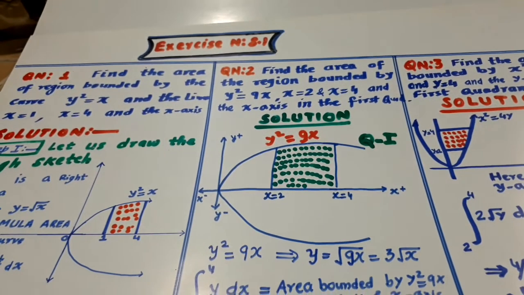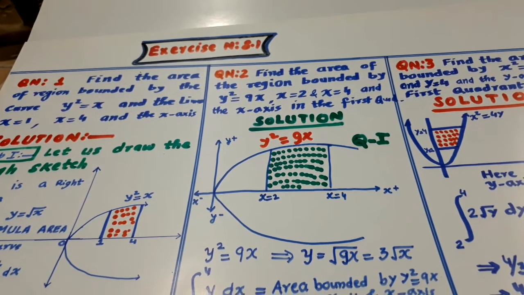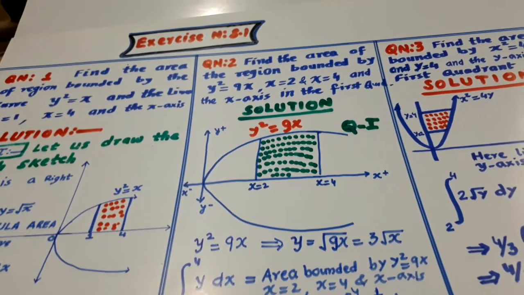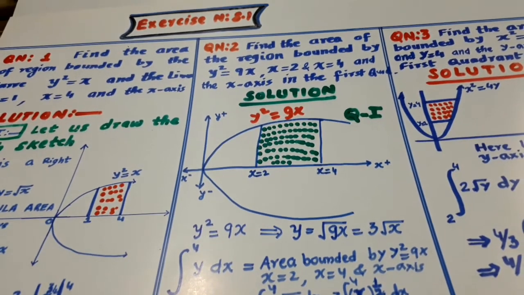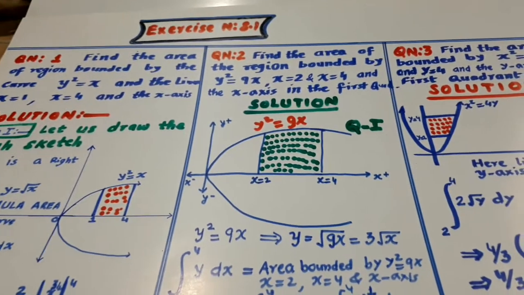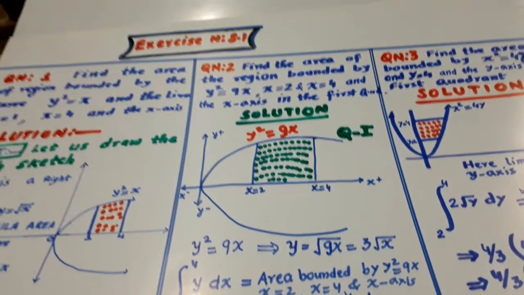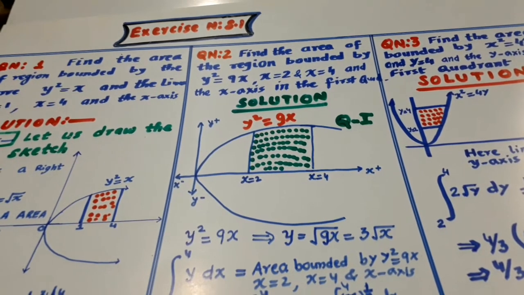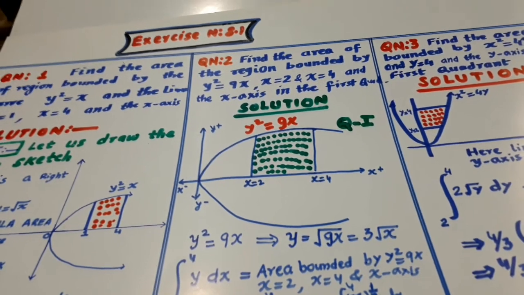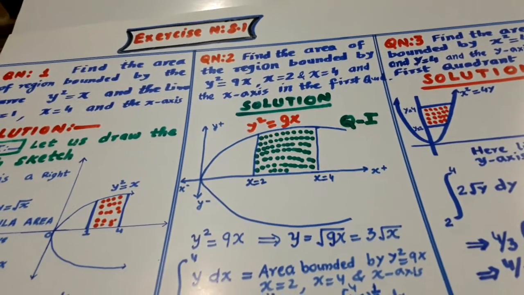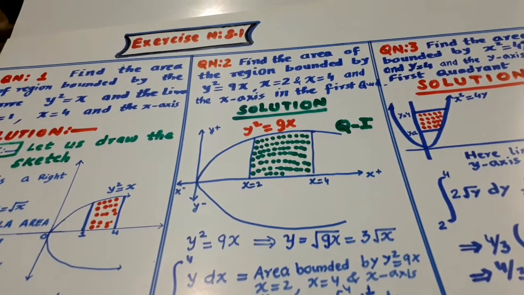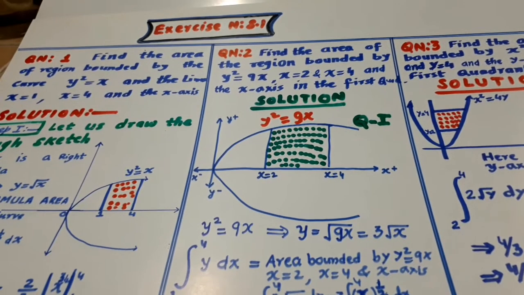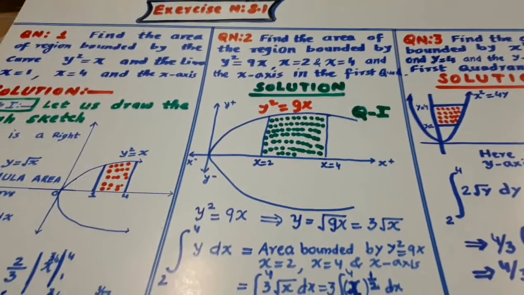This chapter, application of integration, is now, I think, 8 marks. Previously it was 9 marks. It is very, very simple, and only 2 questions may be there in the exam. This exercise contains around 15 questions, so around 20 questions you will be doing.